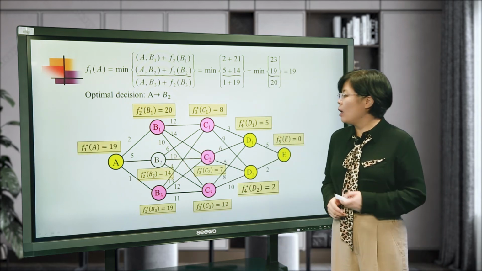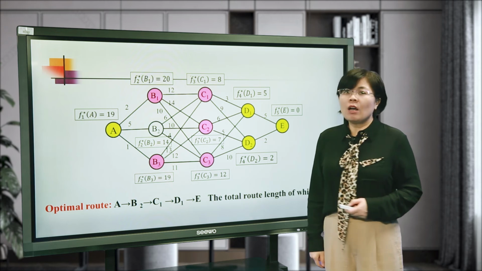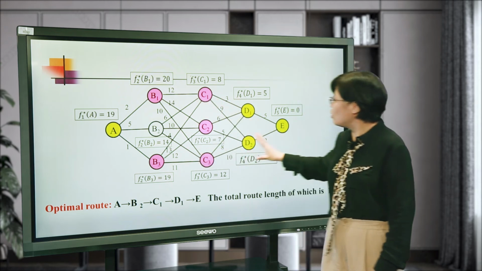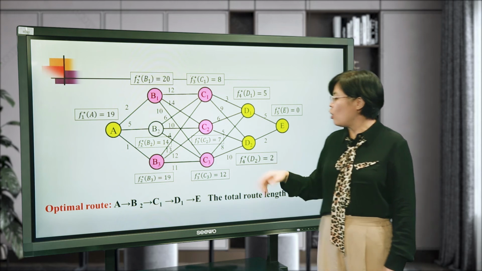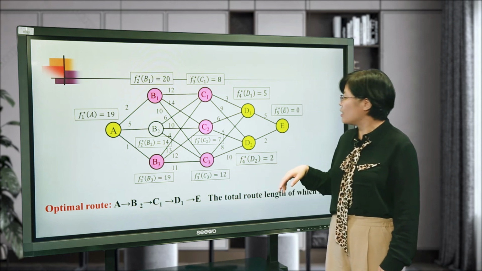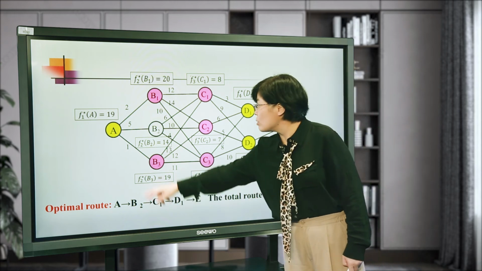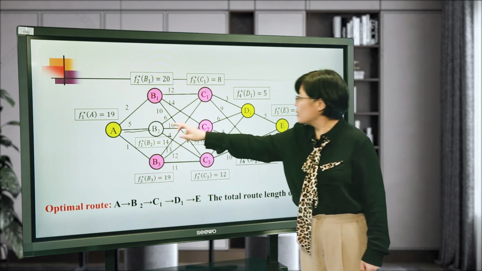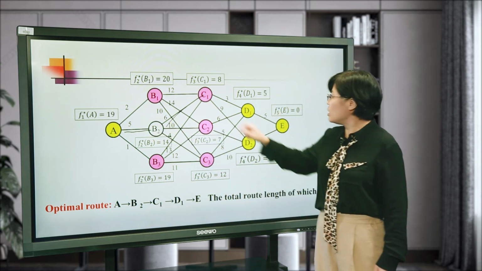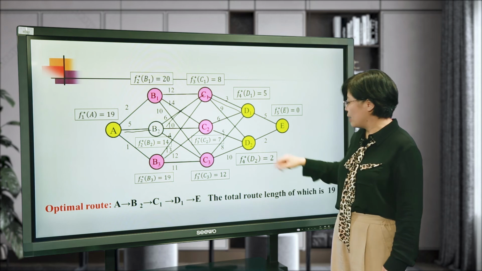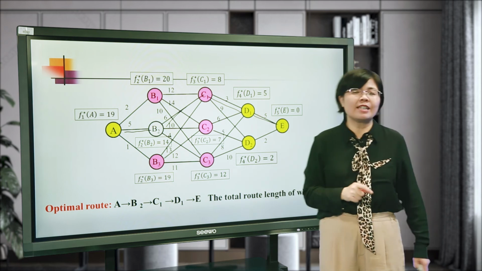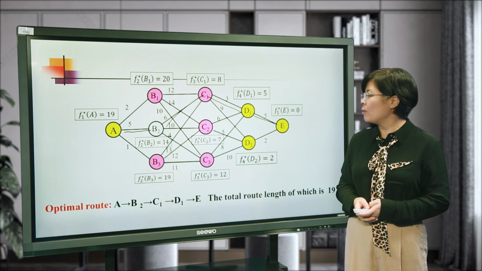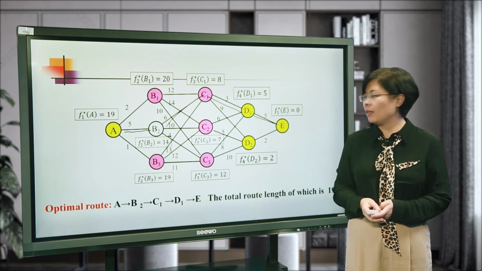Okay, so we can get from the total graph that the optimal route is A to B2, then to C1, to D1, then to E. That's the shortest route for this network.